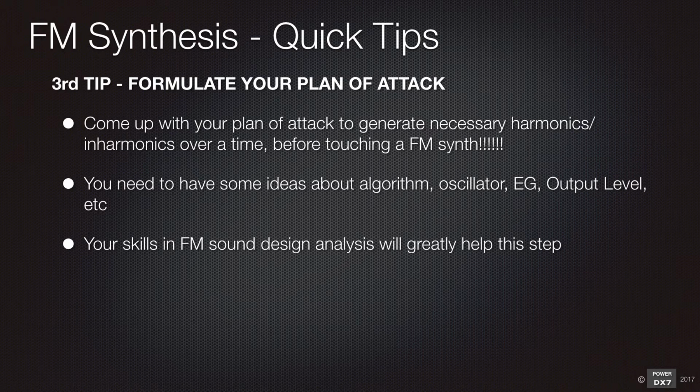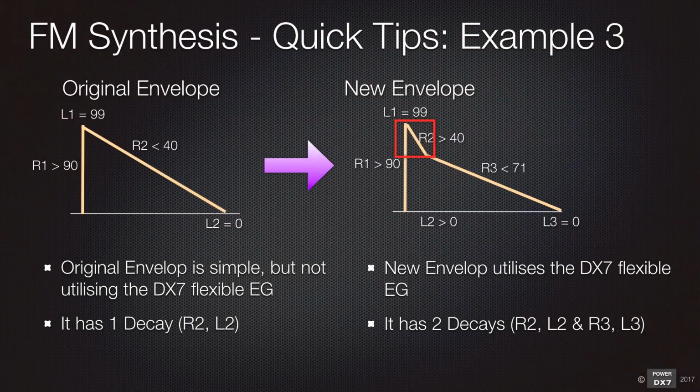Your focus should be around key parameters that make big differences in FM sound design. They include algorithm, feedback, envelopes, etc. This slide shows you a visual representation of envelopes used by the famous DX7 tube bells patch.